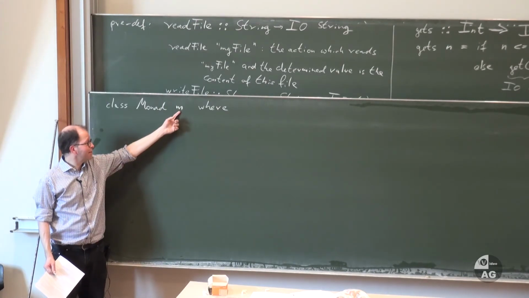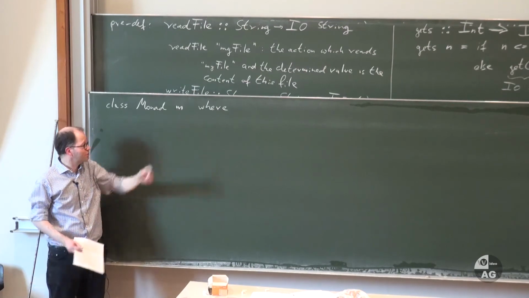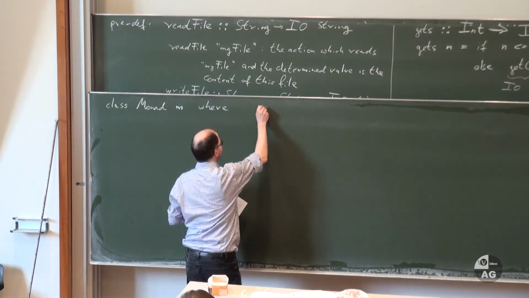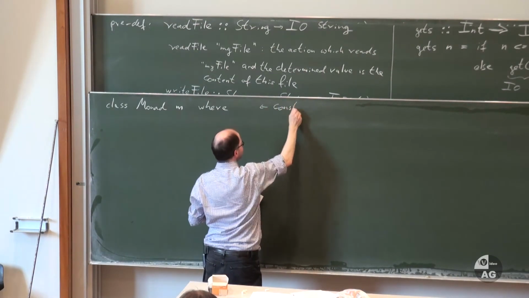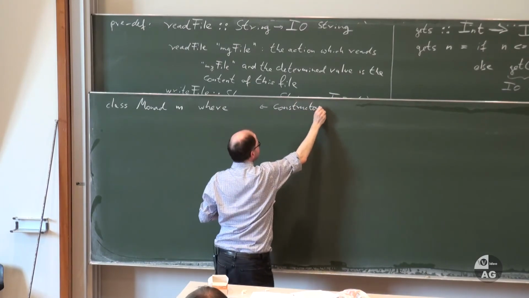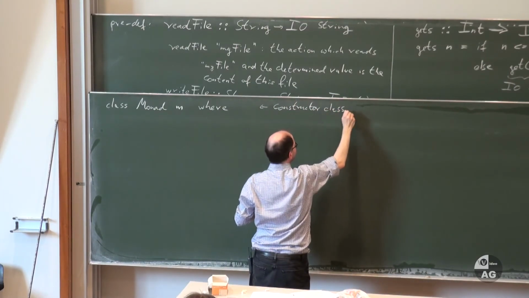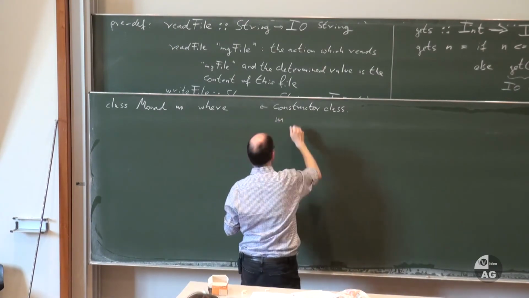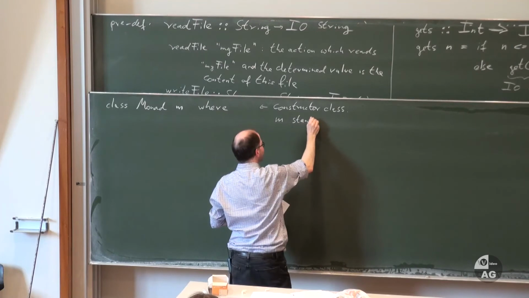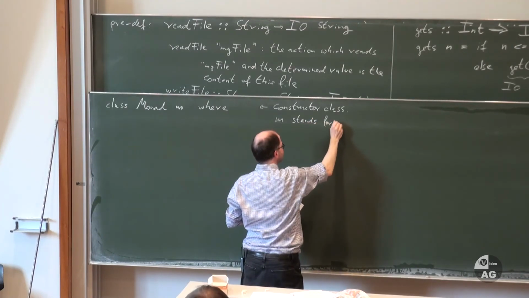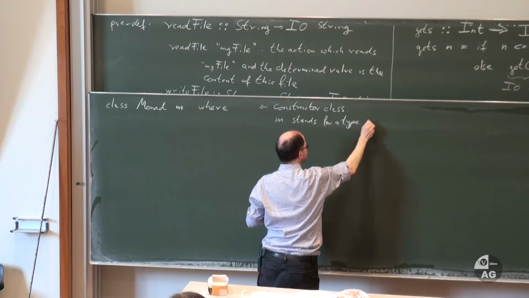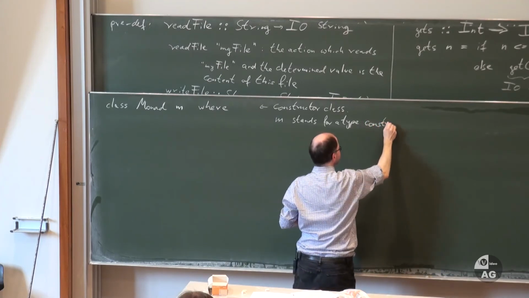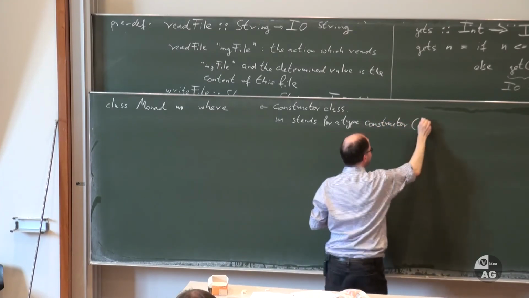So M is not a type, but a type constructor, so this is not a type class, but a constructor class. M does not stand for a type, but for a type constructor, for example, like I/O.